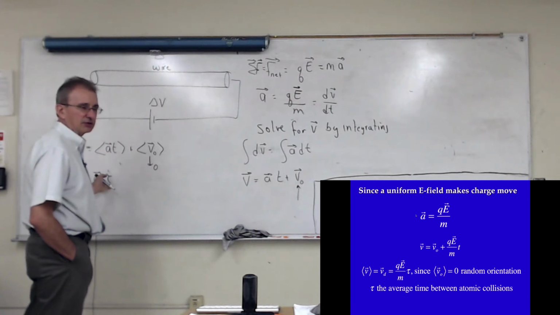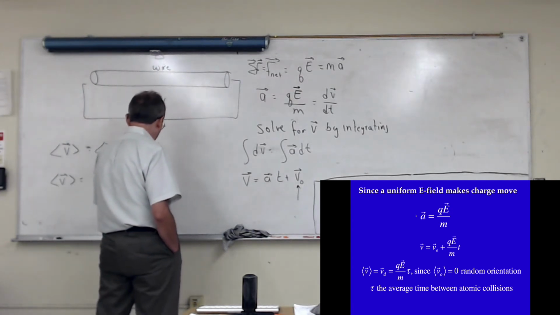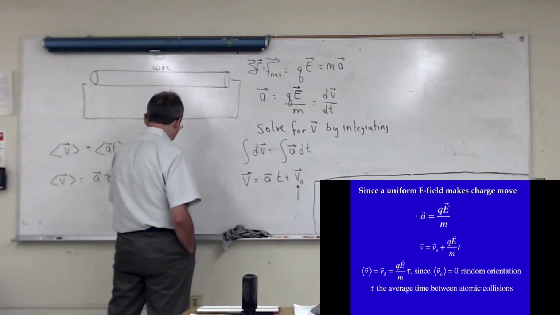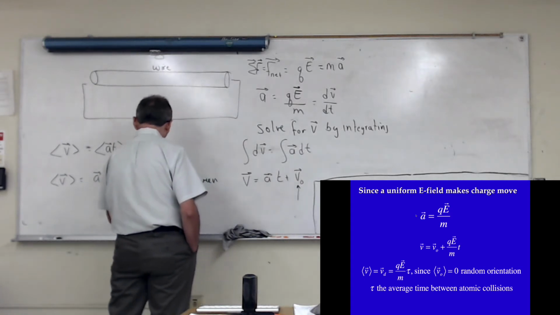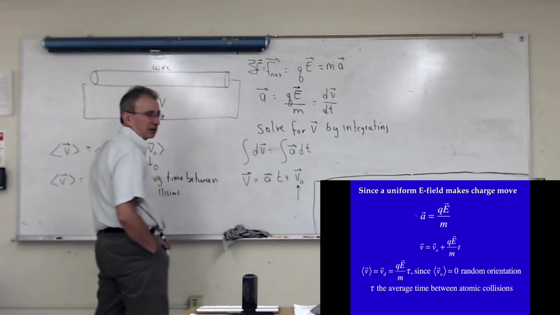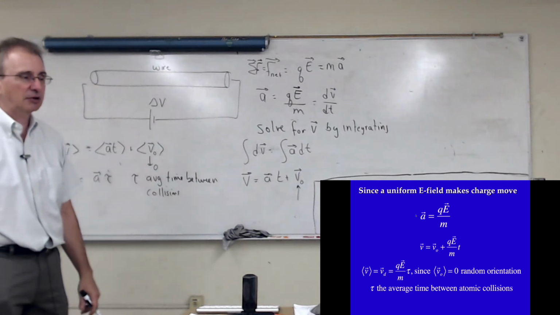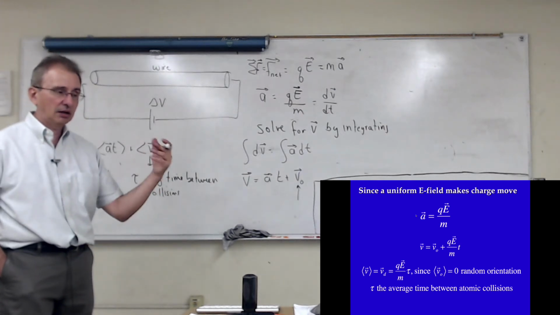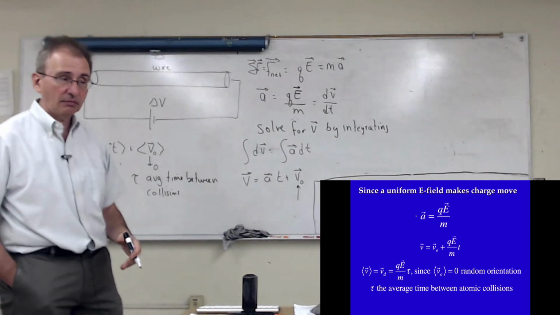I'm going to just use it as the time between collisions, or the average time. I really don't know what the collision time is. So I'm just going to say tau is the average time between collisions, between the electron and some atom in the metal.